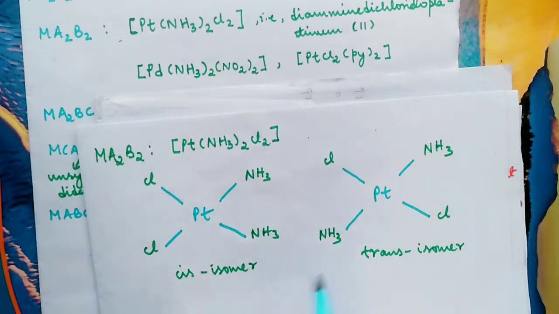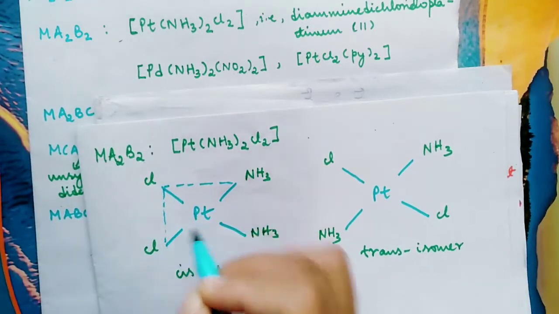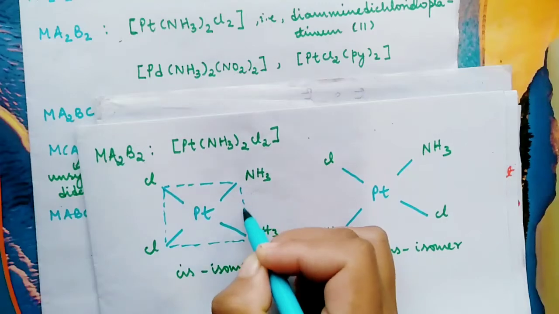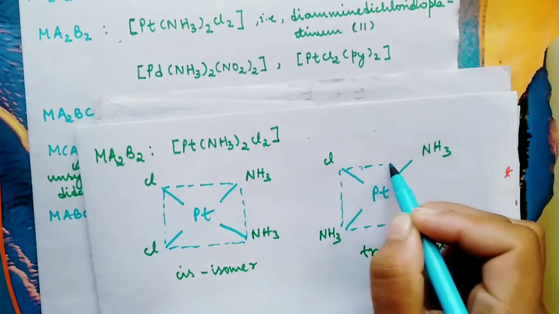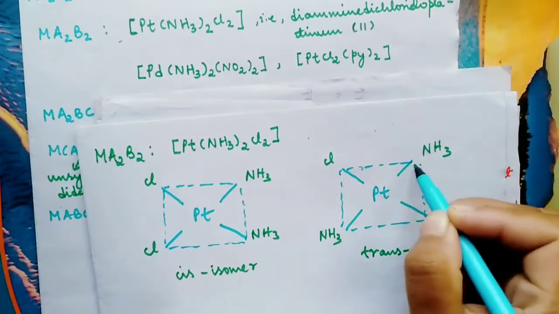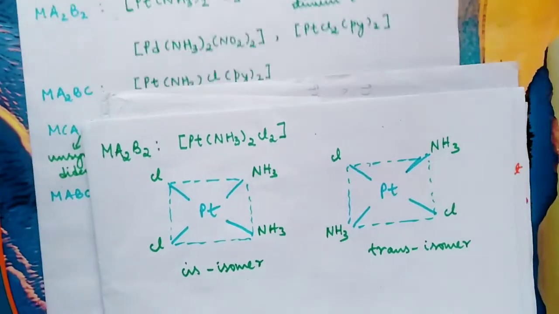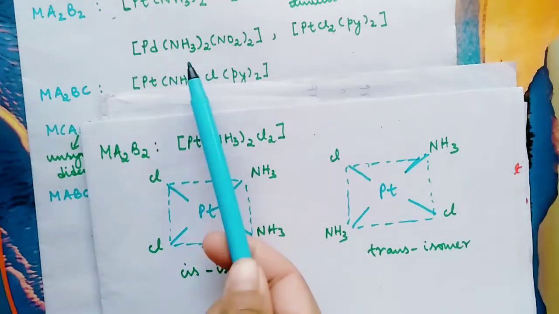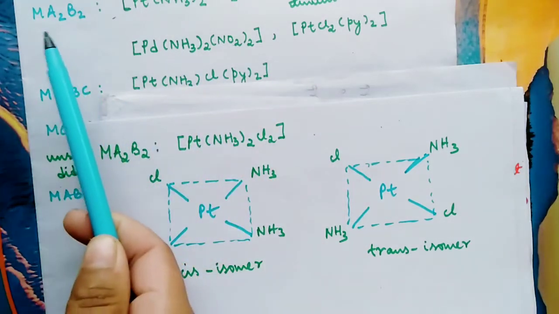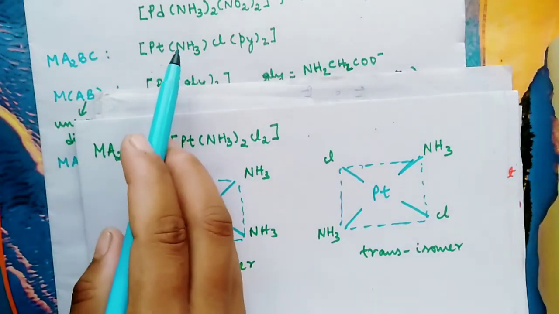So this is your trans isomer. In the same way, you can draw the geometrical isomers for these two. These two also are complexes of the type MA2B2. So let us come to the second type, MA2BC. Let us draw the geometrical isomers of this one.